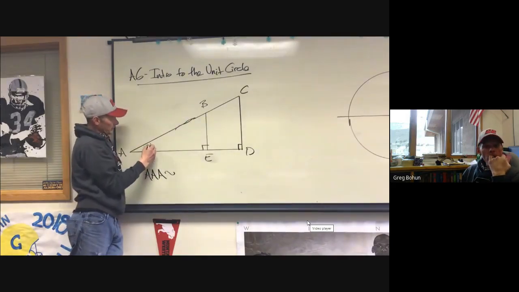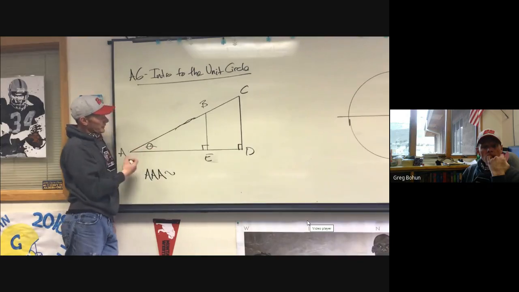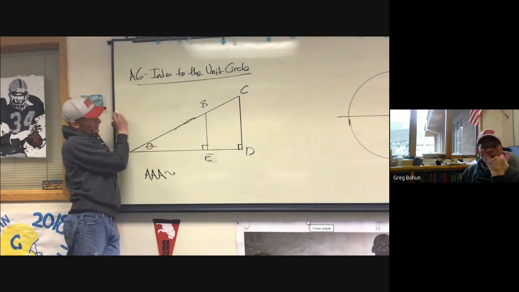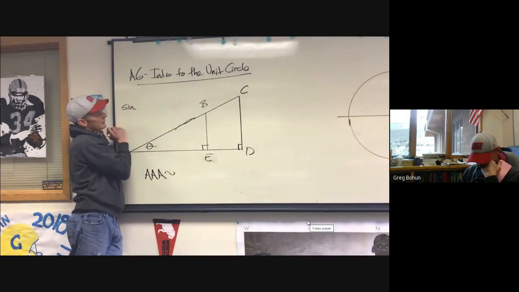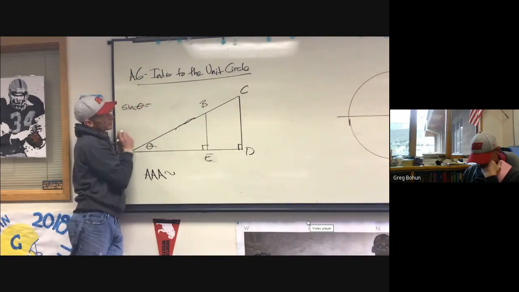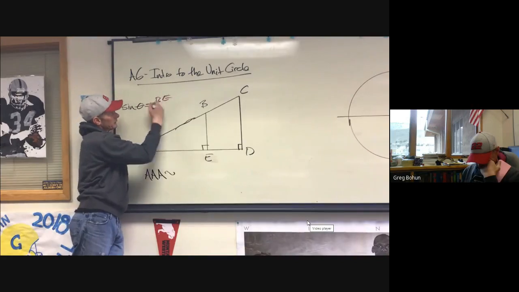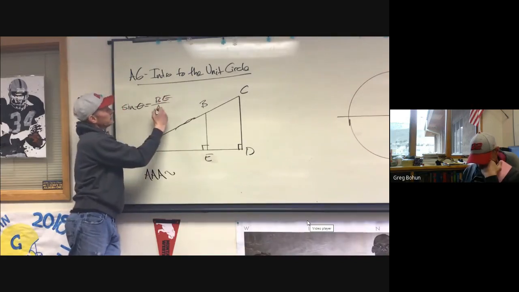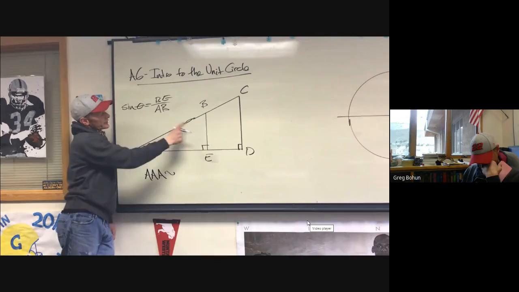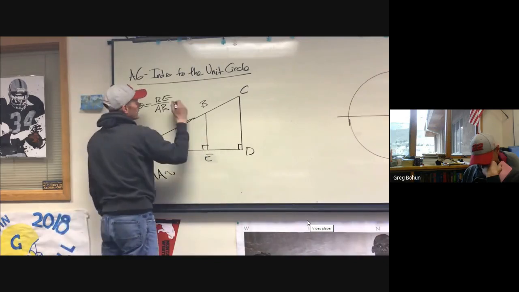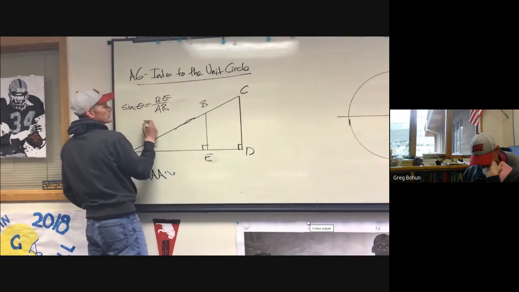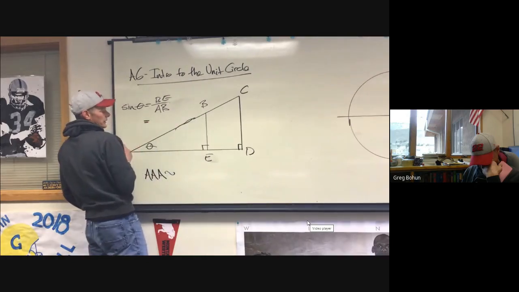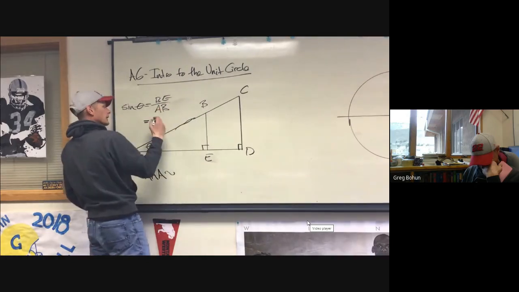I'm saying those particular things because if I was to put a theta here, I could say something like maybe the sine of theta is equal to BE over AB. But since these are similar triangles, I can also say that the sine of theta right there is equal to CD over AC.